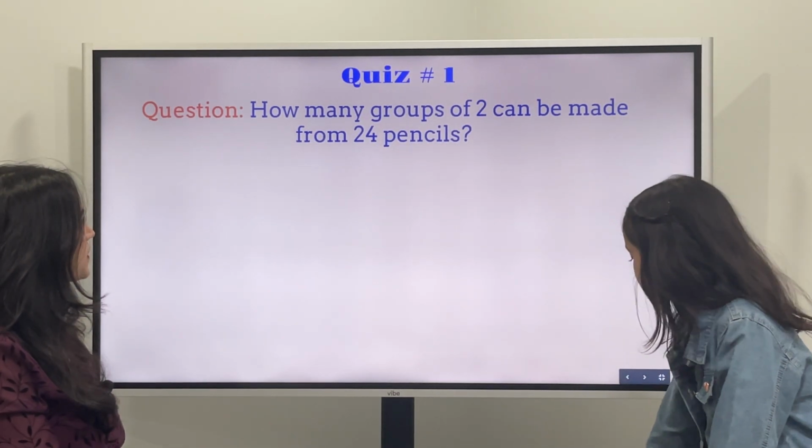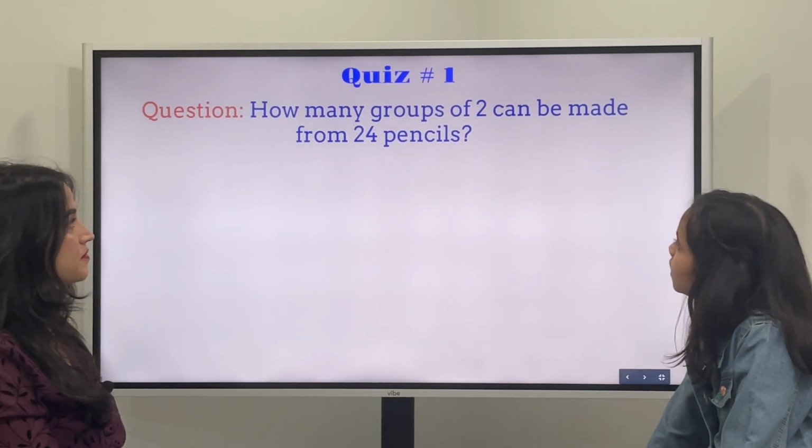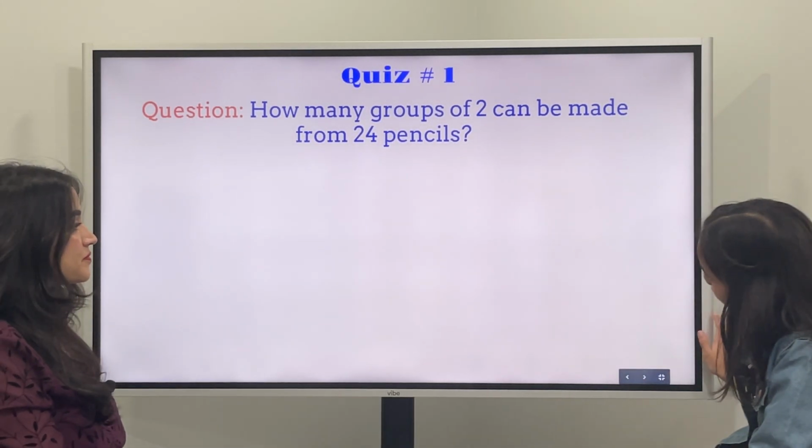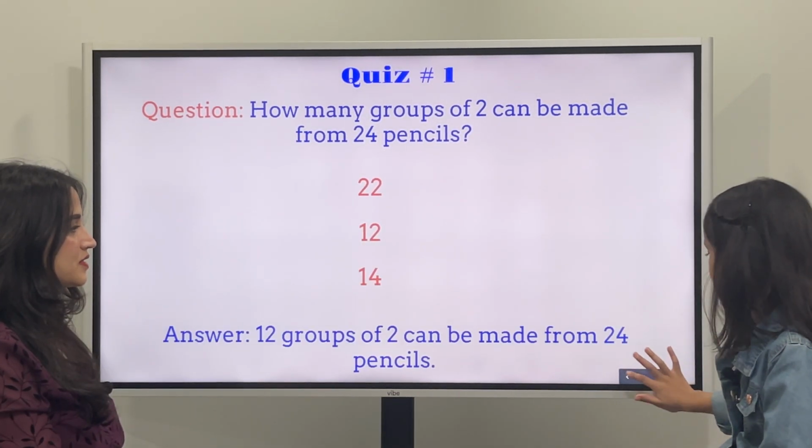With your guardians. Okay, so the question is, how many groups of 2 can be made from 24 pencils? What will be the answer: 22, 12, or 14?